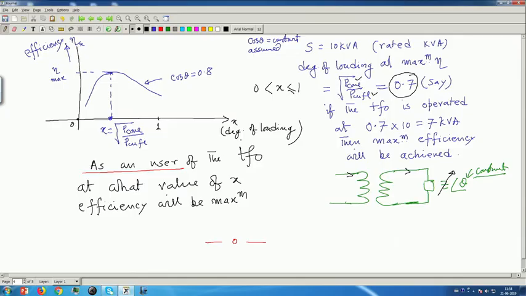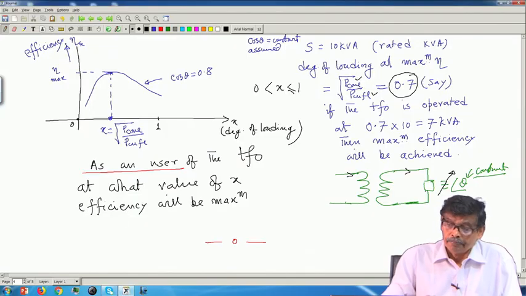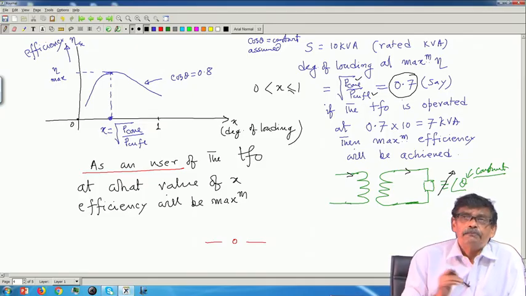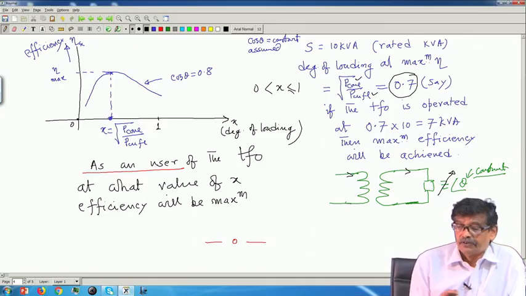Maybe cos theta is equal to 0.8. Keep this constant, and vary the magnitude of Z, that is, vary R and X of the load such that the X by R ratio remains constant. That will ensure the power factor is constant. But anyway, this is the curve we have got for a given constant power factor.